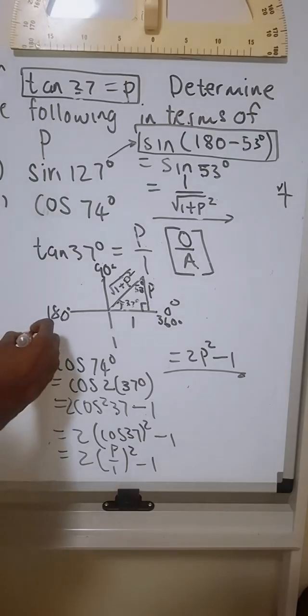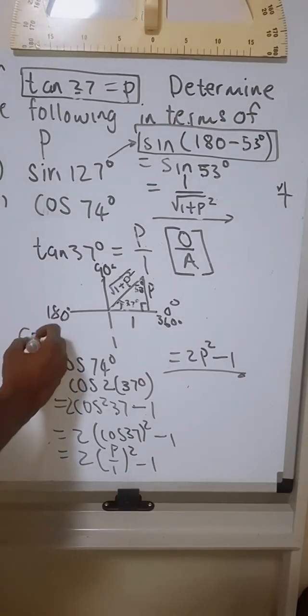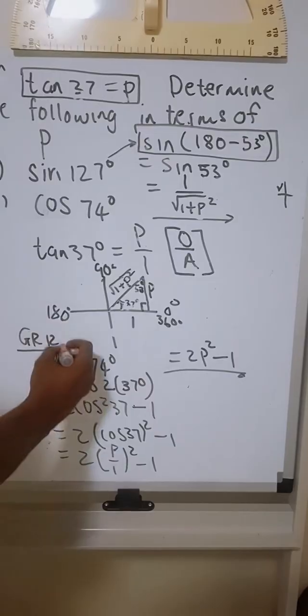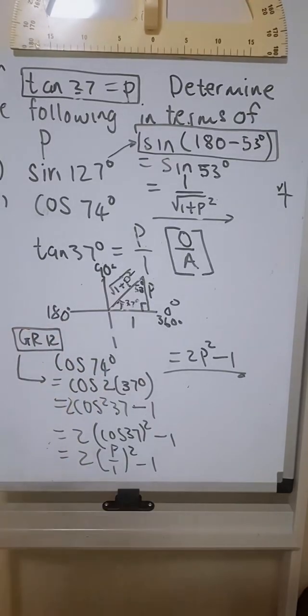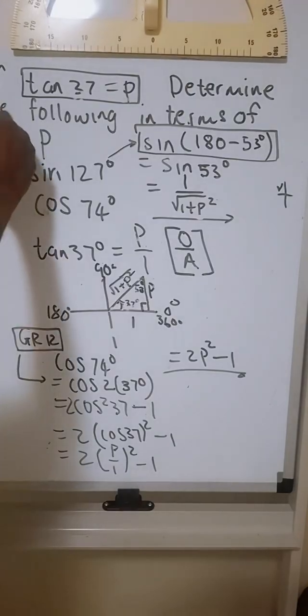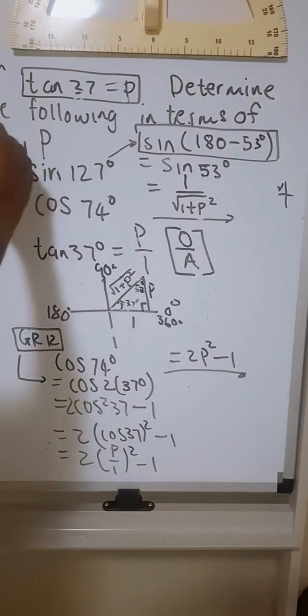Okay, so this would be bumping it up a level to grade 12, because now we are focusing on double angles and the likes. This one would be a typical grade 11.